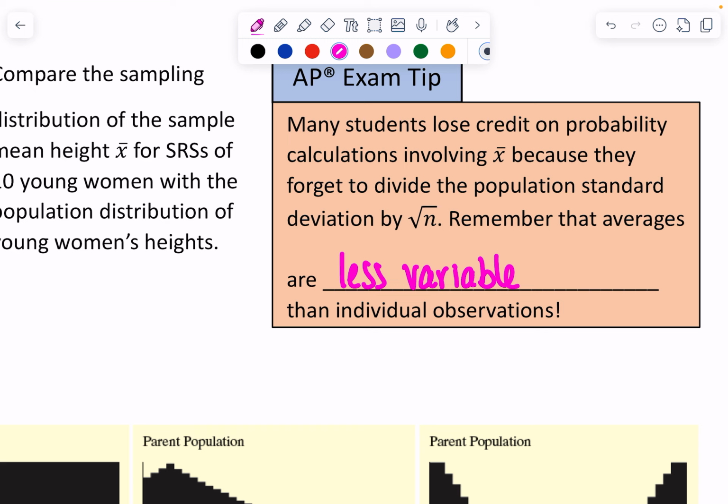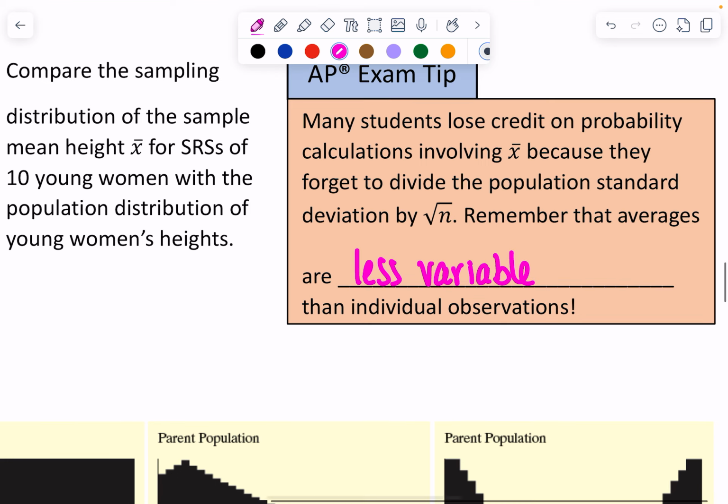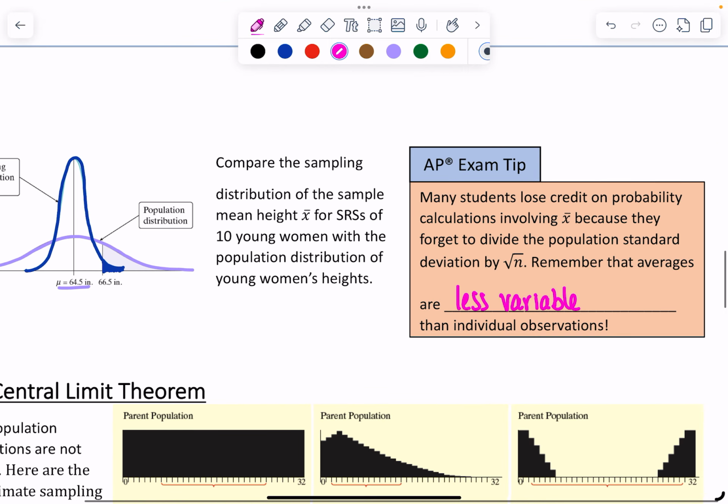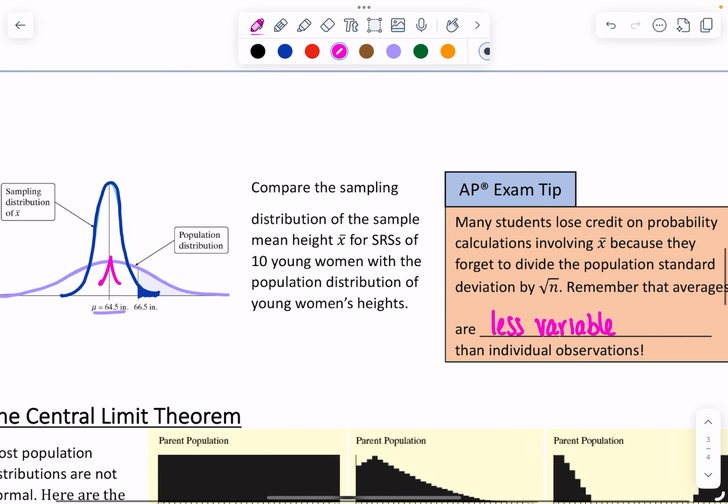One observation can be on the edges, right? Too tall, too short, whatever. An average number, usually a too tall person averages out with a short person. When you have groups like samples, you will tend to have more area in the center towards that mean.